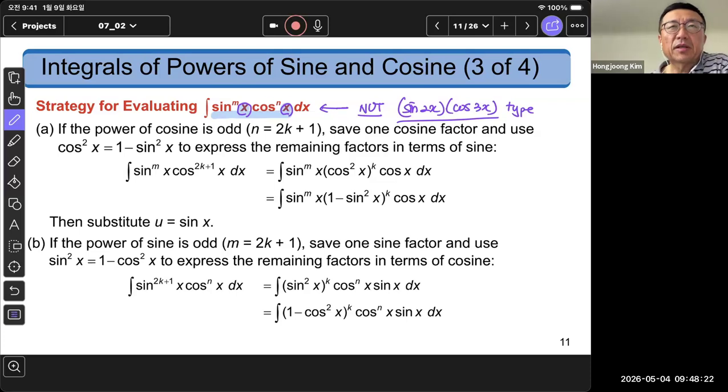In this case, you need to look at the values of m and n.